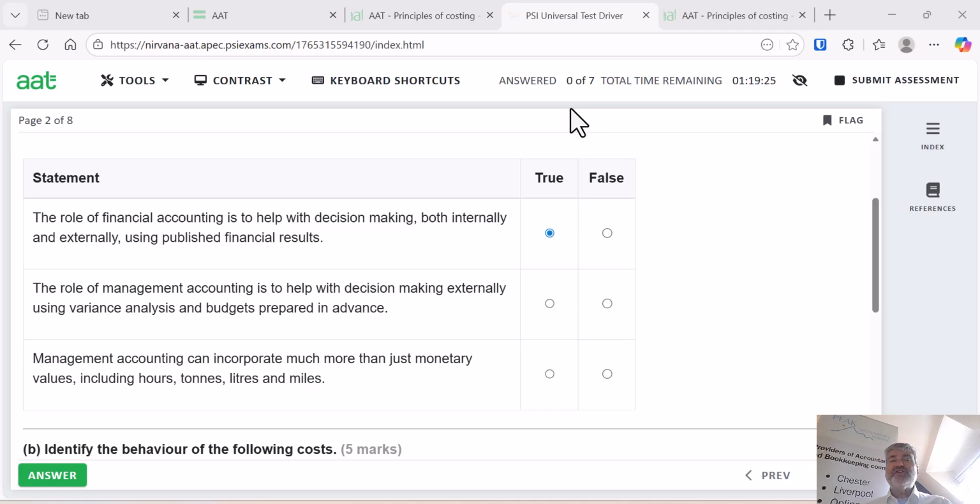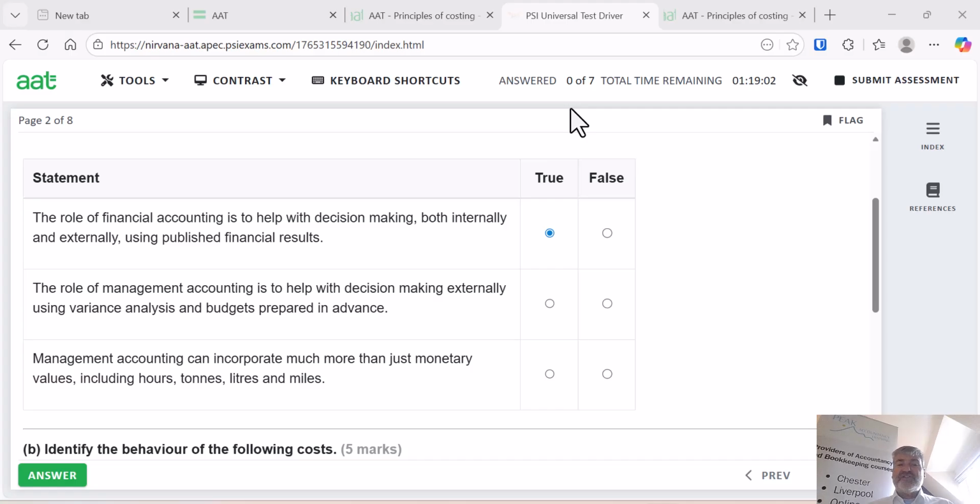But using variance analysis and budgets prepared in advance. Now, these are types of analysis, types of reports basically, that typically a business would use internally to help it to understand the efficiency and the economy of its operations.